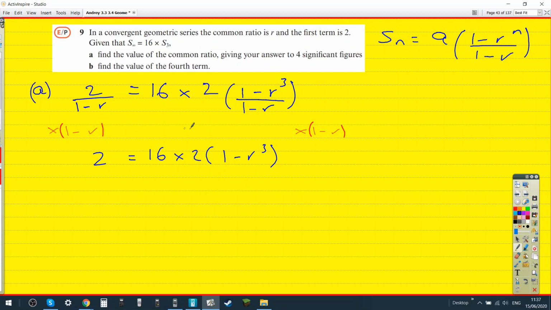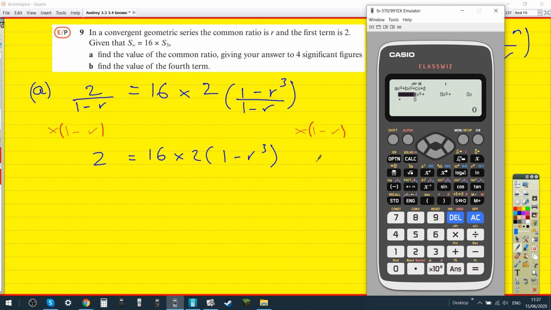If you like, we can see it through to the end, or whatever way you like. Yeah, so now you could just do like 2 over 32 equals 1 minus r cubed. Yep.